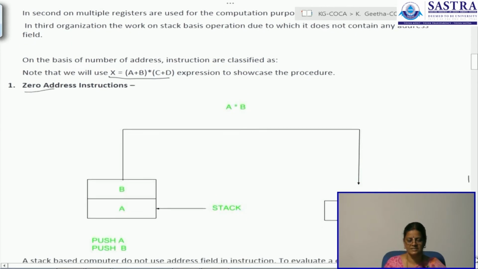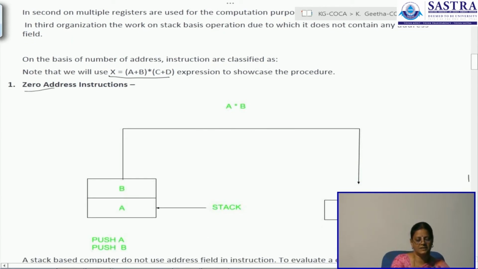In this case, we have the expression (A + B) * (C + D). To start with, we push A into the stack, push B, the second operand, also into the stack, and now we have to do the addition operation. If I apply the operator, the two operands will be popped out from the stack, I apply the operation, and that result is pushed back into the stack.